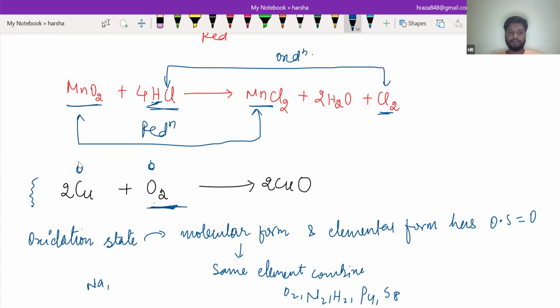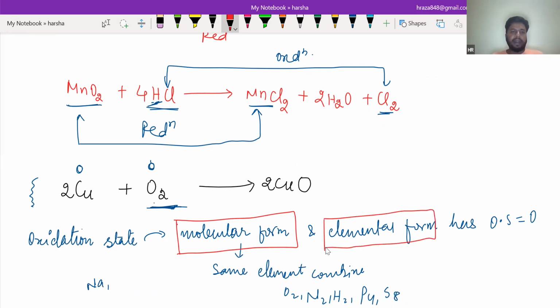Sir, can you explain again? Harsha, so see, I'm going to explain it again. What I wrote here is a rule to find oxidation state. One of the rules I'm going to introduce here, you will study this in class 11. If anyone is in molecular formula or elemental formula, that molecular formula or elemental formula has oxidation state equal to 0.